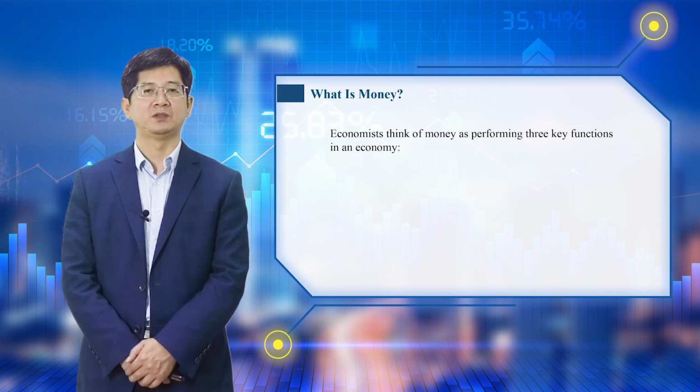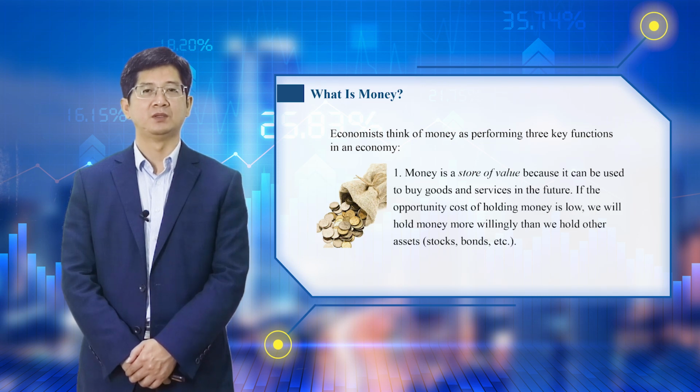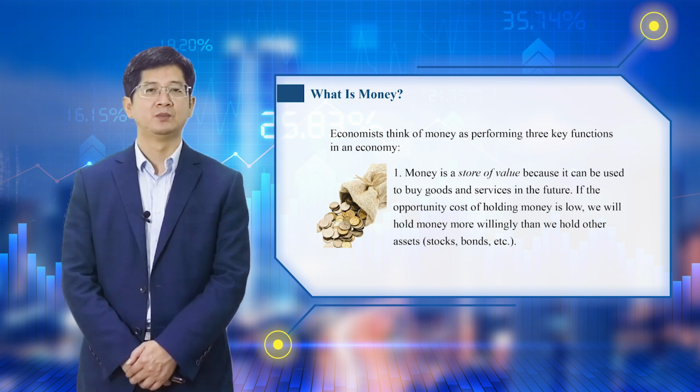Economists think of money as performing three key functions in an economy. Money is a store of value because it can be used to buy goods and services in the future. If the opportunity cost of holding money is low, we will hold money more willingly than we hold other assets.